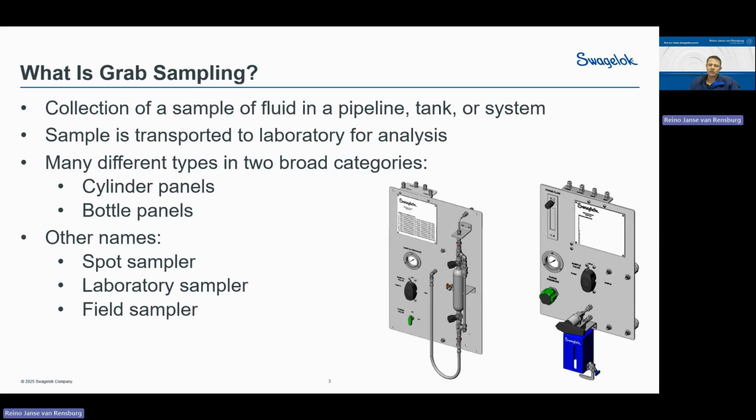You will either take your sample in a sample cylinder, or depending on the media, you can also do it in bottles, whether glass bottles, metal canisters, or plastic bottles. We'll get through when you would choose which option. Some other names we see in industry for grab sample systems are spot samplers, laboratory samplers, or field samplers.